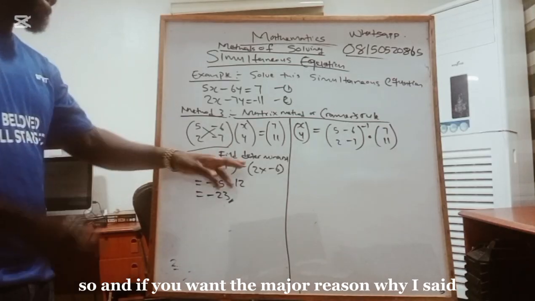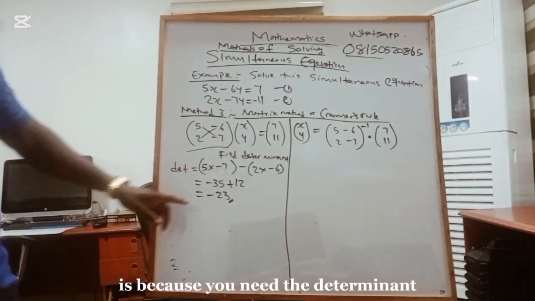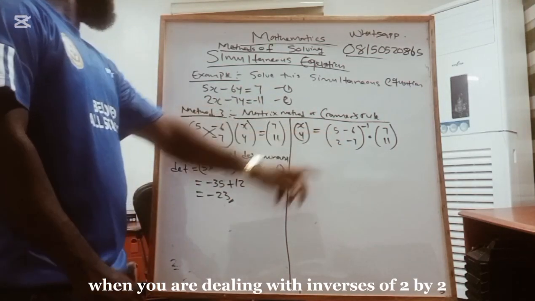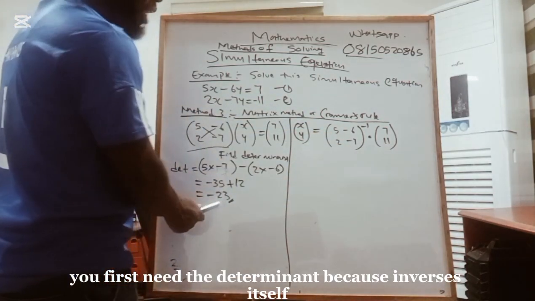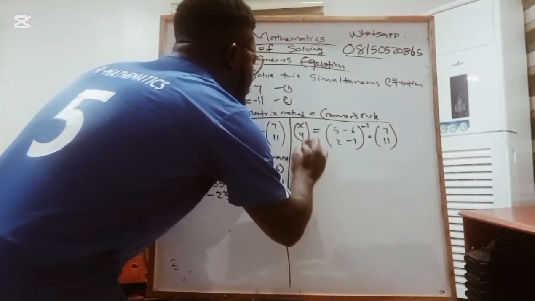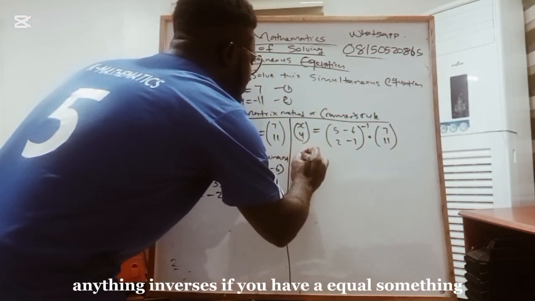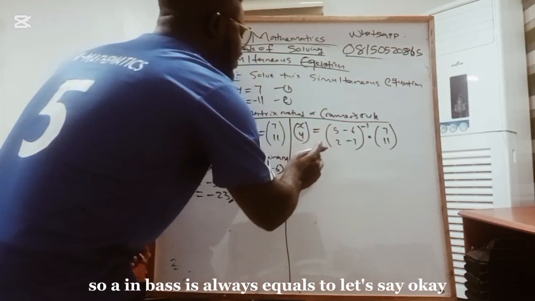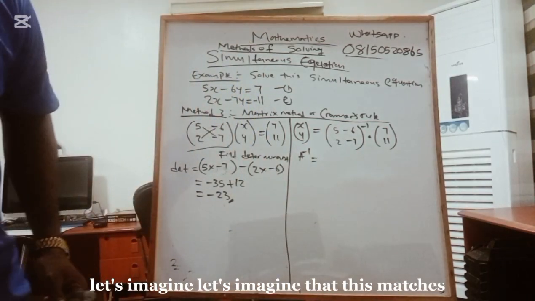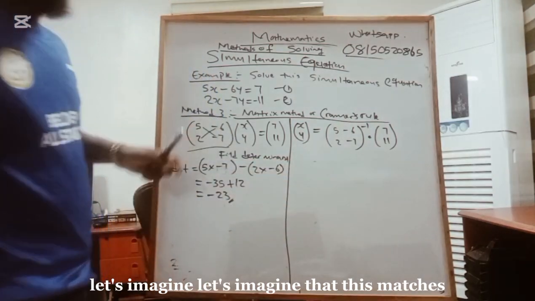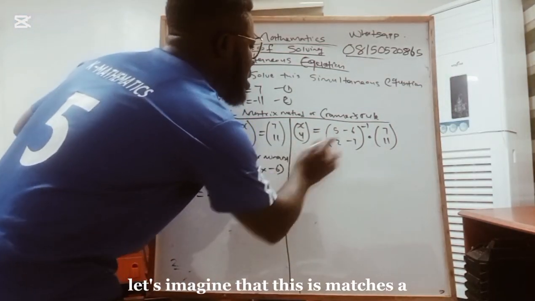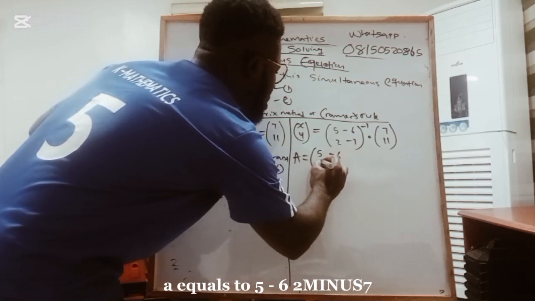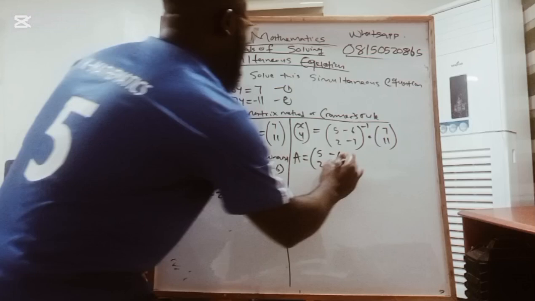The major reason why I said you have to find the determinant is because you need the determinant for your inverse. When you are dealing with the inverse of a 2 by 2 matrix, you first need the determinant. Let's imagine that this is matrix A equals 5 minus 6, 2 minus 7.